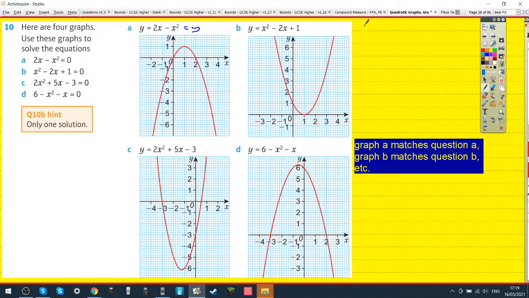Yep. Or minus 2? No. So there the y coordinate is 0. Where else is the y coordinate 0? 0 on the x-axis. So what's the other point of intersection?